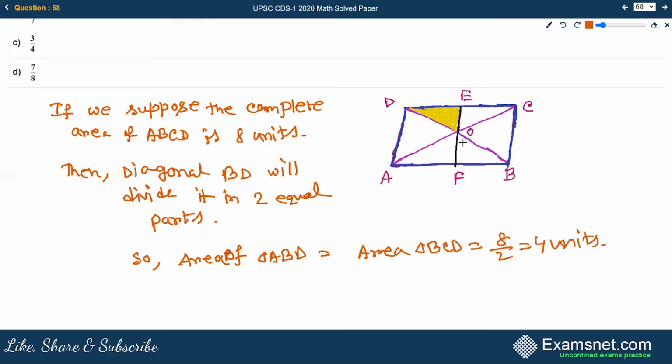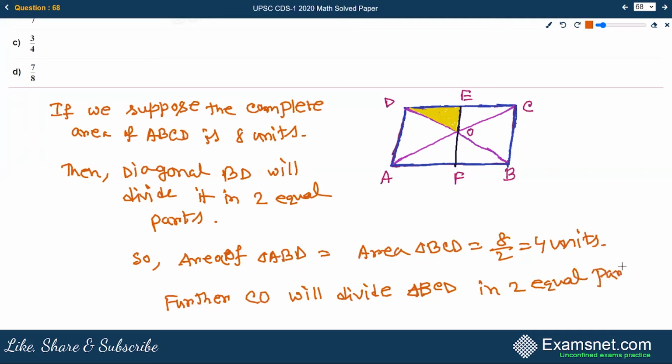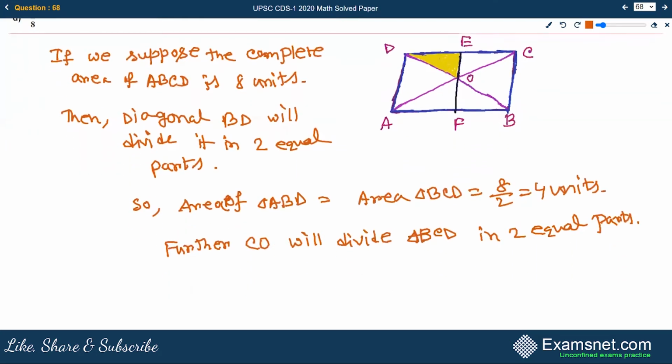Now further we can see CO is there. CO will divide triangle BCD into two equal parts, that is BCO and COD. So triangle BCO equals triangle COD, that is 4 by 2, 2 units.